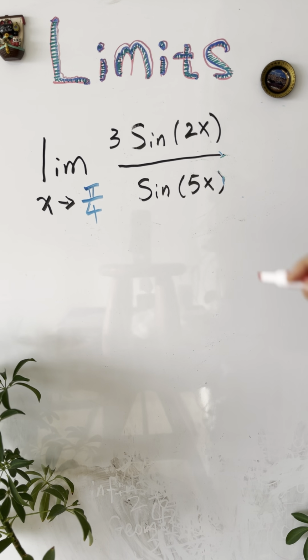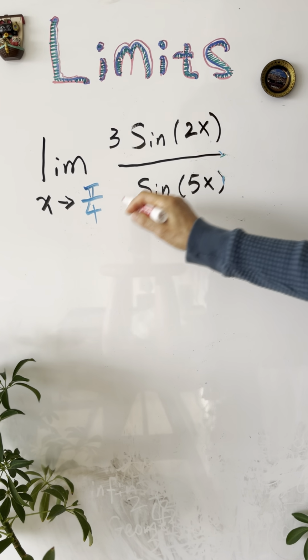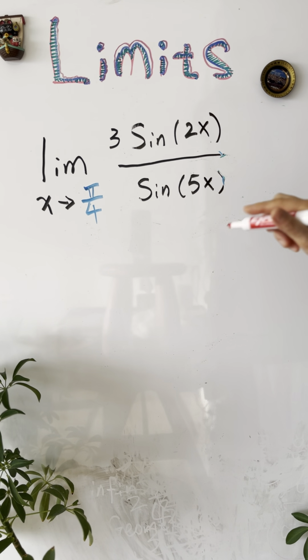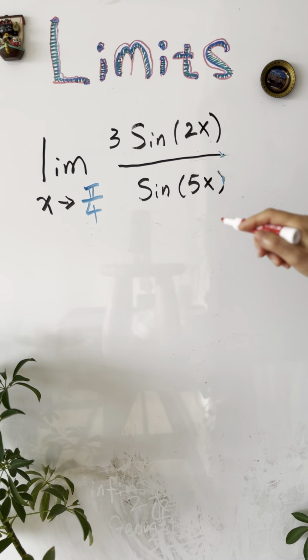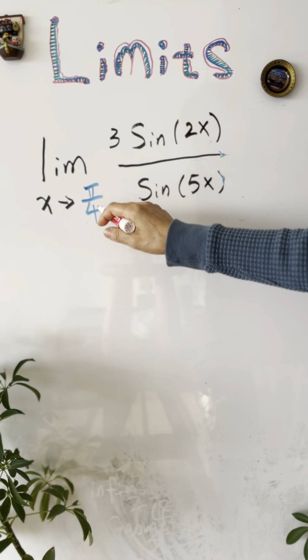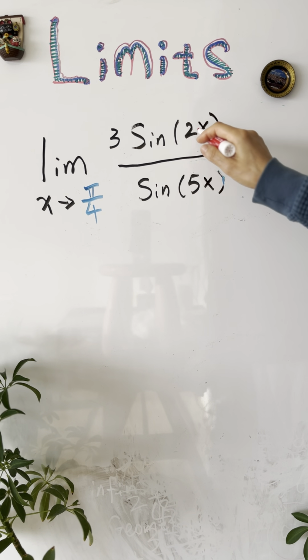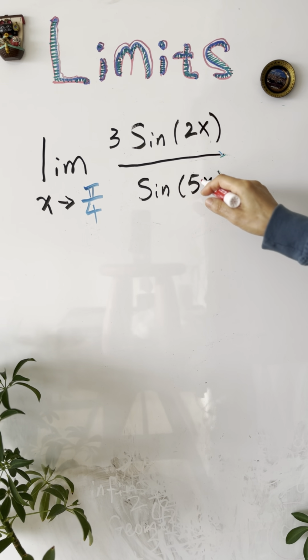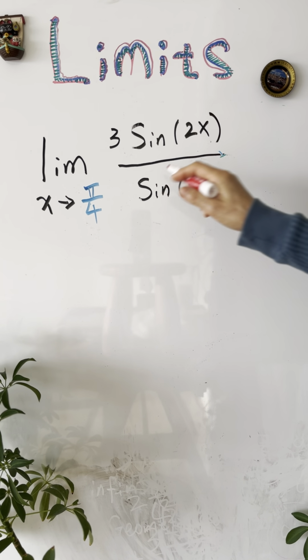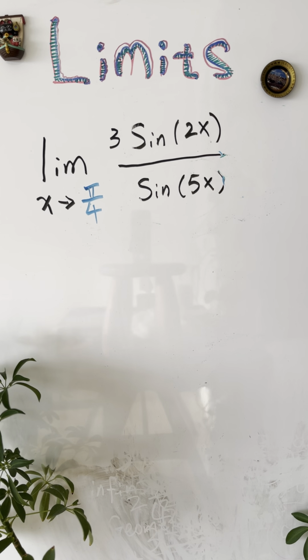So for pi over 4, let's check to see if pi over 4 is in the domain of this function. Originally 0 is not in the domain of this function. Now if we plug pi over 4 into the denominator, we have sine of 5 pi over 4, which is not 0.